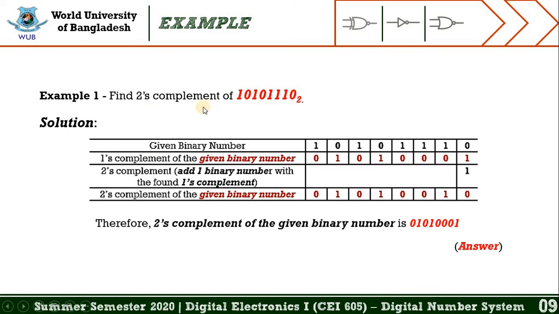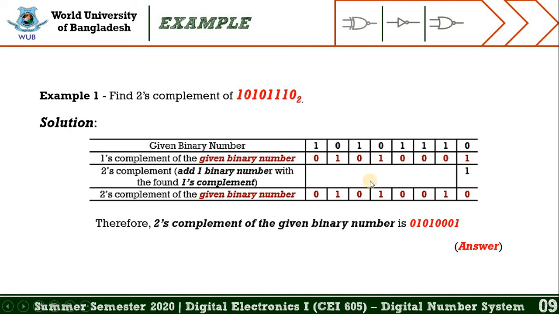From this slide you may learn an example of 2's complement. So let's start with the example. Find 2's complement of 10101110. Let's start the solution. First we need to write the given binary number, which is 10101110, and we already know we need to convert the given binary number into 1's complement. If we convert it to 1's complement, then we get 01010001.